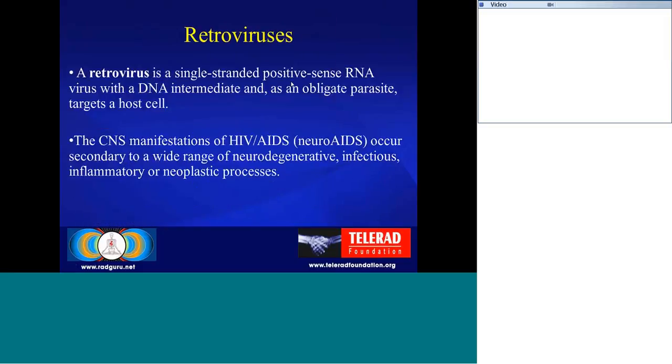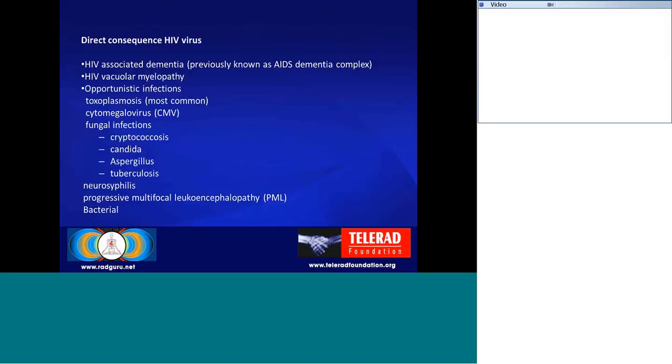So after all these encephalitides, we come now to one of the commonest acquired infections, the AIDS infection. So retrovirus encephalitis is also very important. A retrovirus is a single-stranded positive sense RNA virus with a DNA intermediate, and as an obligate parasite it targets a host cell. The CNS manifestation of HIV neuroAIDS occurs secondary to a wide range of neurodegenerative, infectious, inflammatory, and neoplastic processes. So what are the direct consequences of HIV?